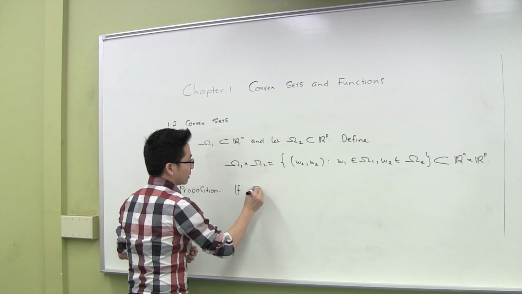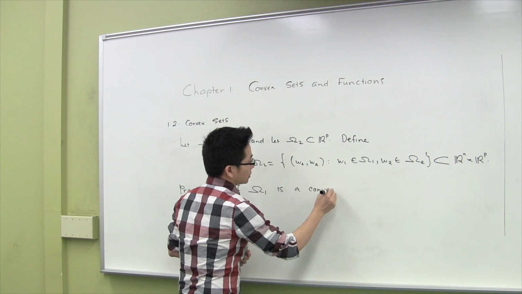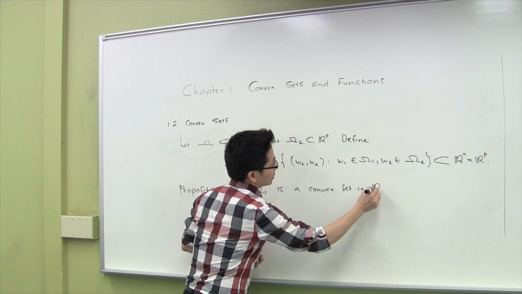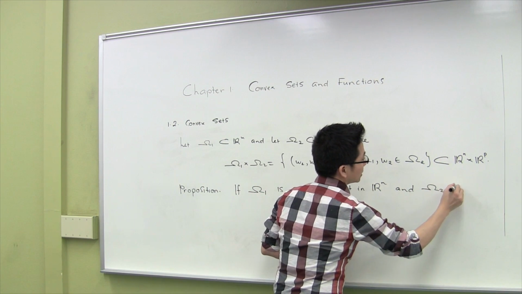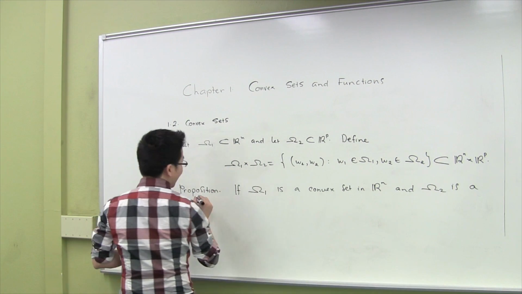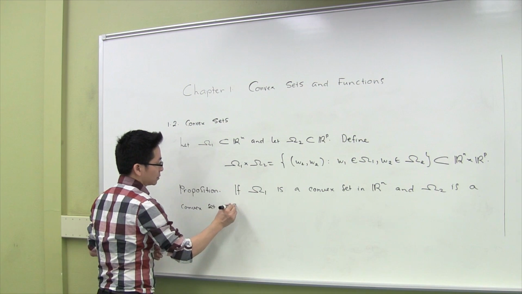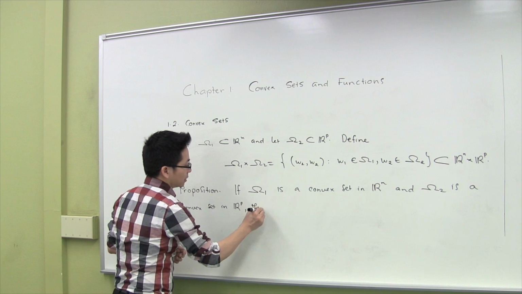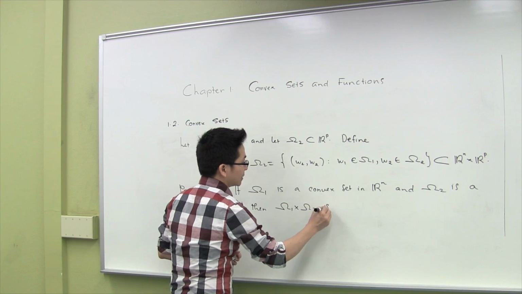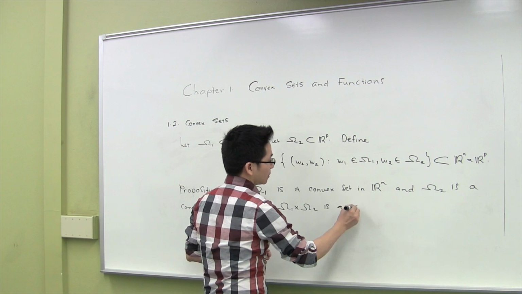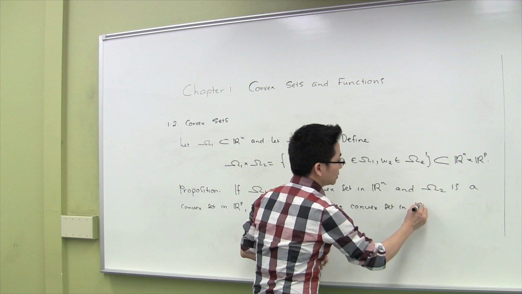If omega 1 is a convex set in Rn and omega 2 is a convex set in Rp, then the Cartesian product of omega 1 and omega 2 is a convex set in Rn times Rp.